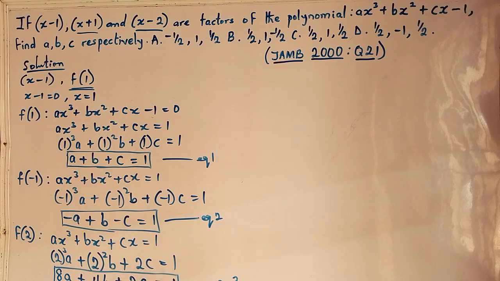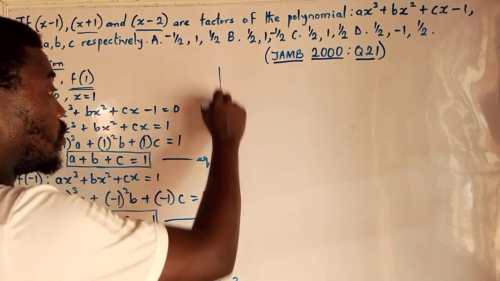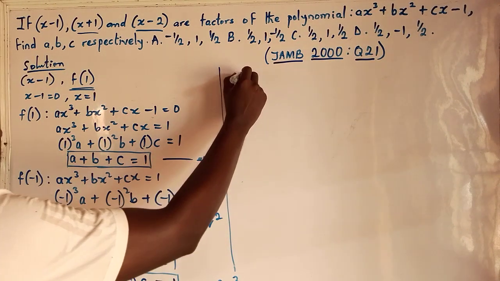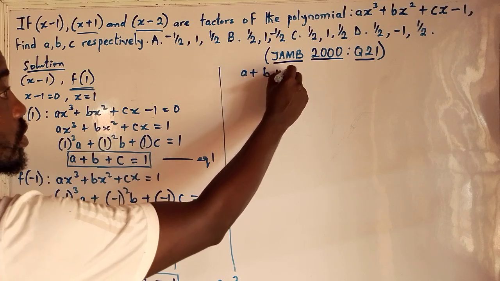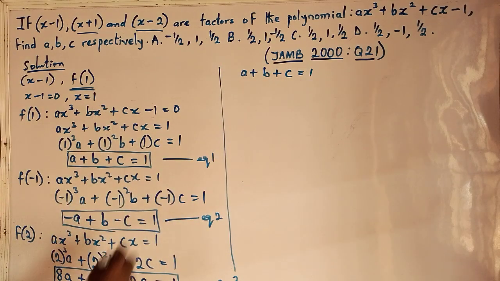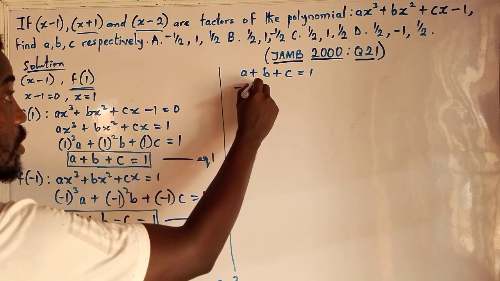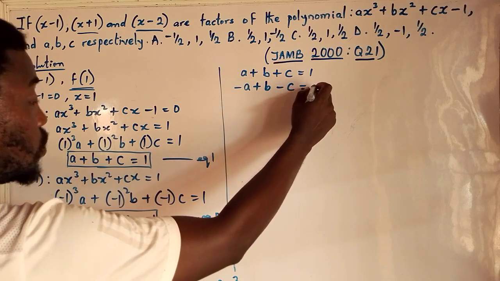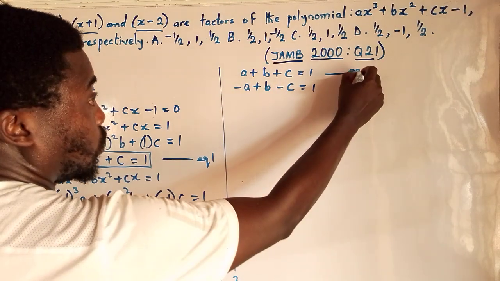So for us to be able to find the values, we have simultaneous equations to solve. Equation 1: a plus b plus c equals 1. Equation 2: minus a plus b minus c equals 1.